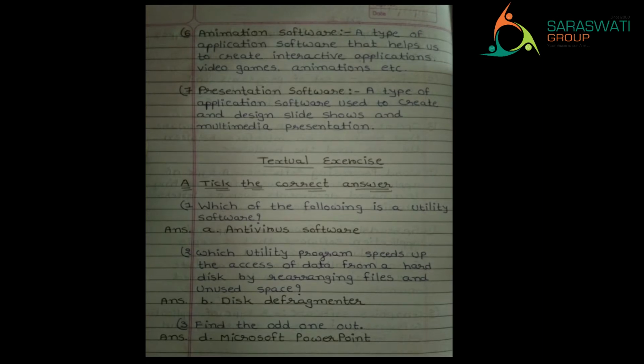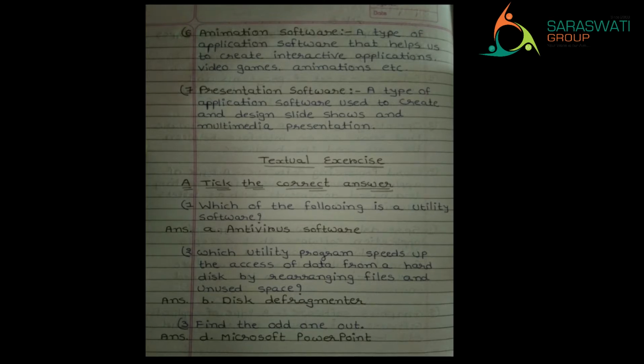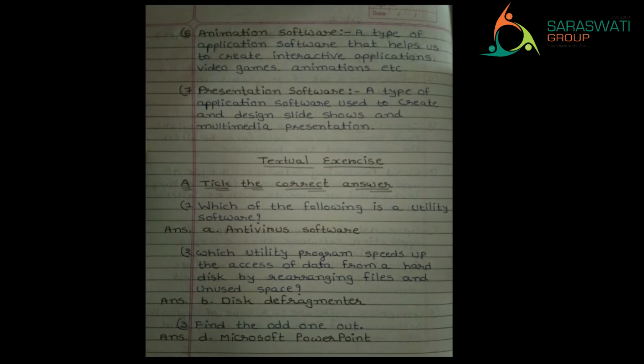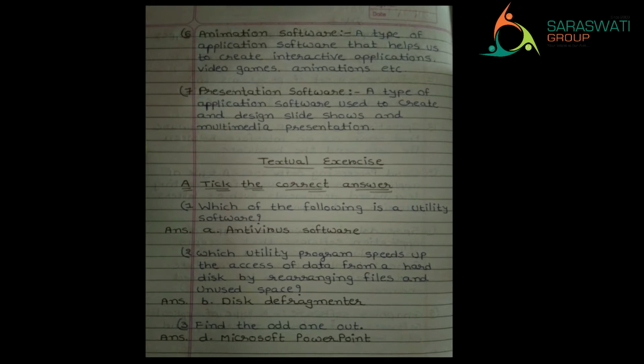The first question is, tick the correct answer. But we don't have to tick. Instead, we are going to write the correct answer. Right. So the first question is, which of the following is a utility software? Now kids, you know what is the meaning of utility? The software which is helpful to us. If you see in the textbook, 4 options are given.